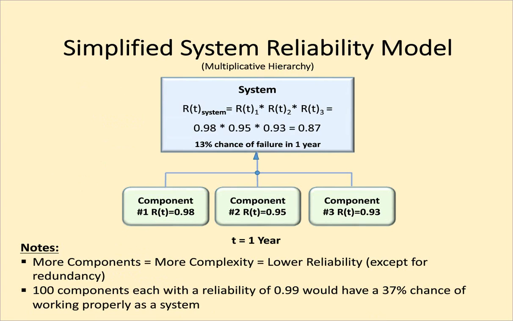So here's a simplified reliability model. I've got a system with 3 components. They have a 0.98, 0.95, and 0.93 reliability level for 1 year.